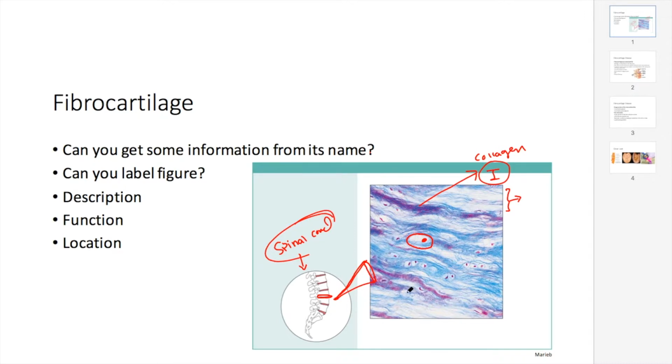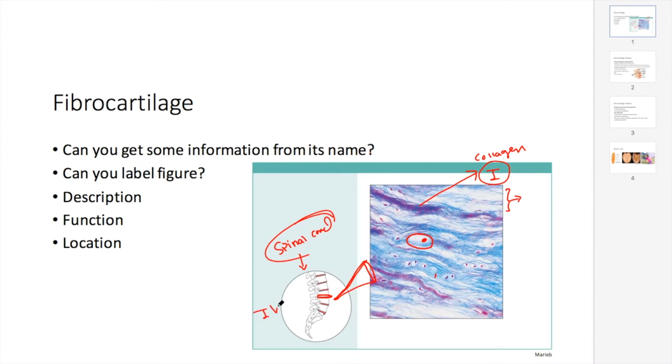The matrix is not clear because it is very dense, so we cannot actually see the elements inside it. The matrix is very tough here. As I mentioned, the location for this is the intervertebral disc, IVD, in the backbone.